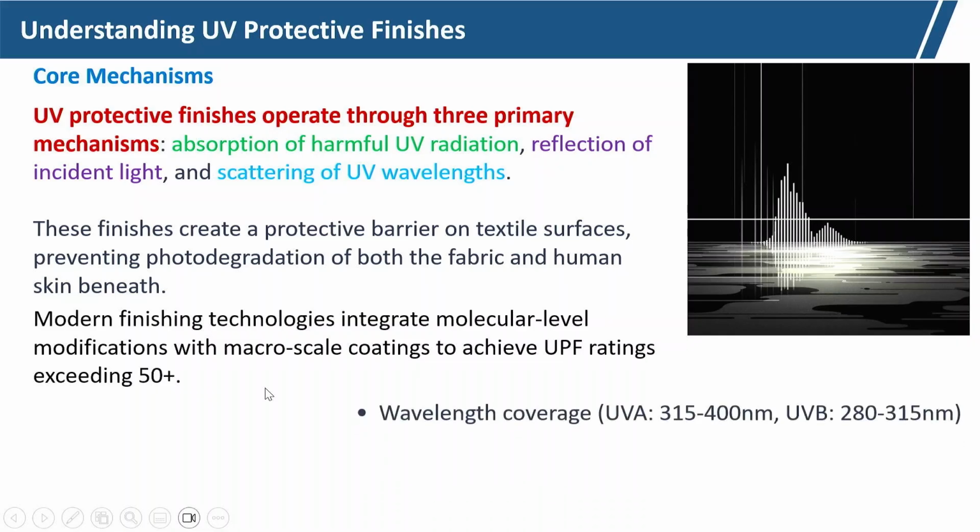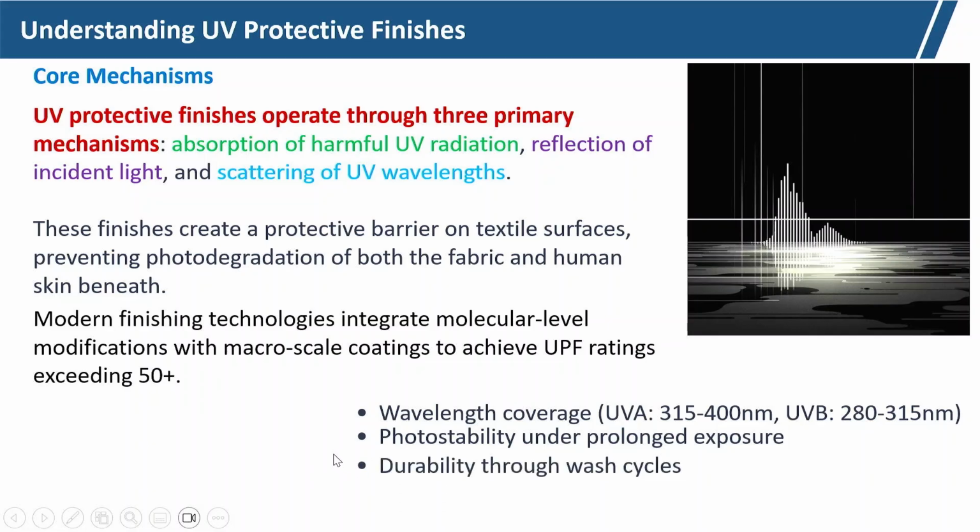and this type of UV finish covers the whole range of UVA and UVB, which comes into our atmosphere, and its photostability under prolonged exposure that we have discussed, and durability through wash cycles.